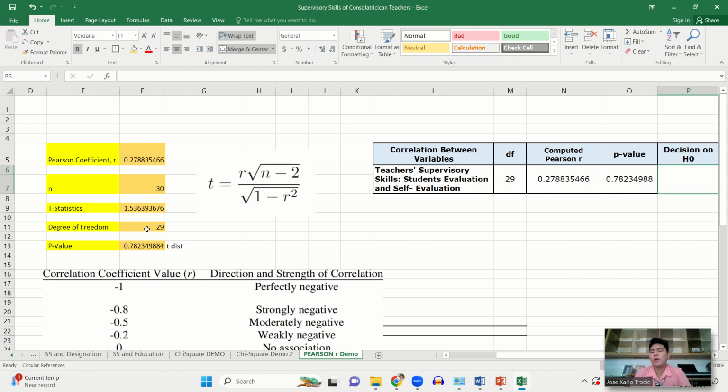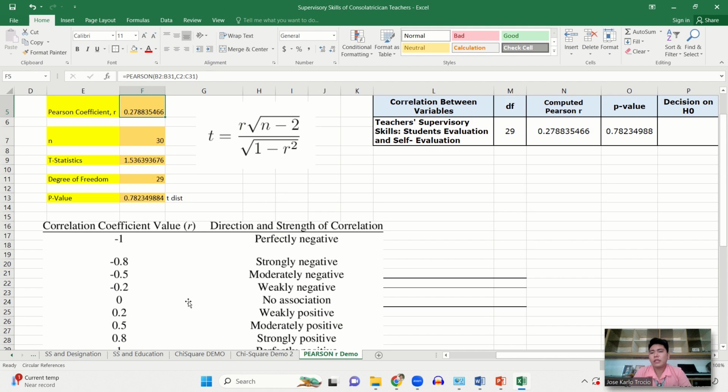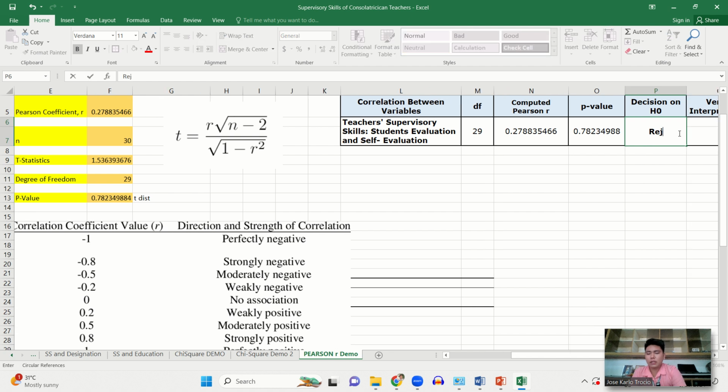Let us go back once again. You have this table, look at here. If it is positive 0.27, that is weakly positive. Therefore, we say decision on null hypothesis, this is positive, so we reject the null hypothesis, reject the H0.